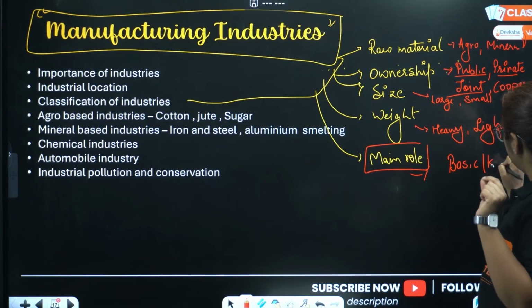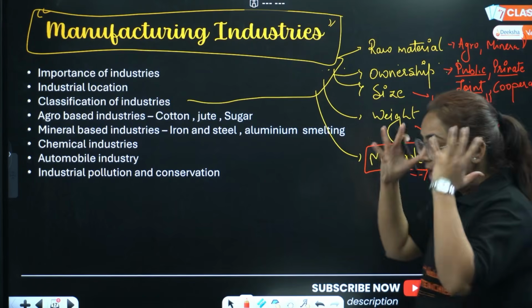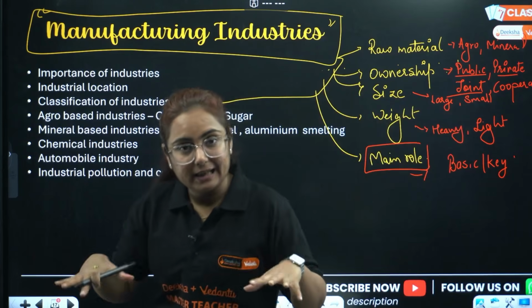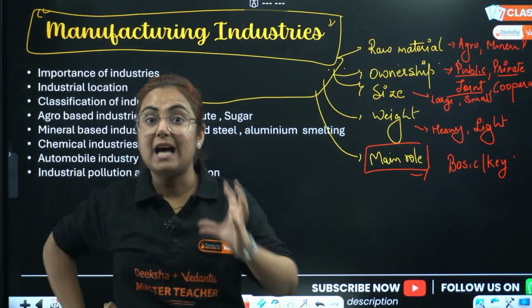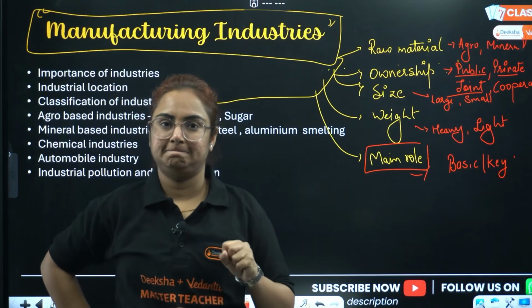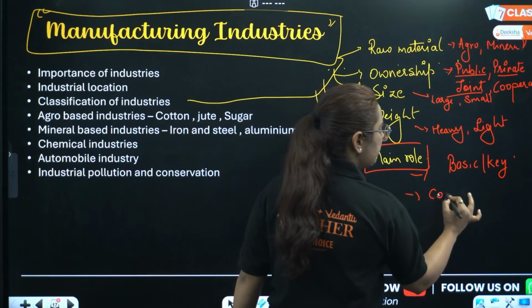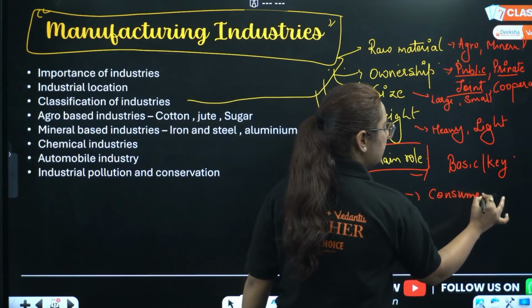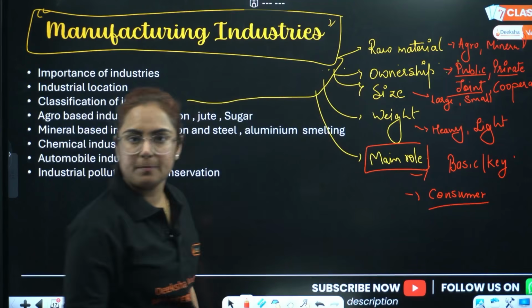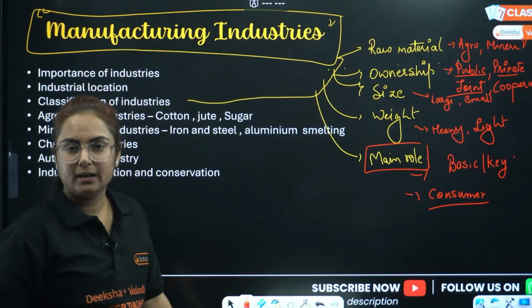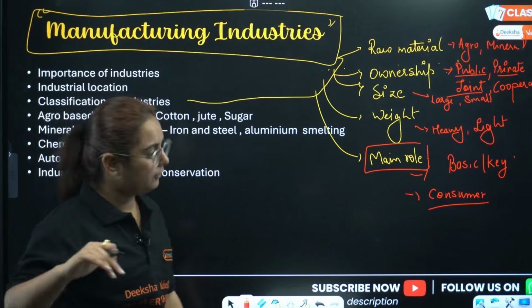What does it mean? The product made here is used by other industries as a raw material. Next is consumer industry, whose products are directly used by consumers, like toothpaste, Dabur honey, directly used. Very good.